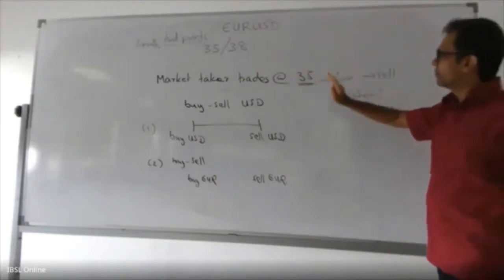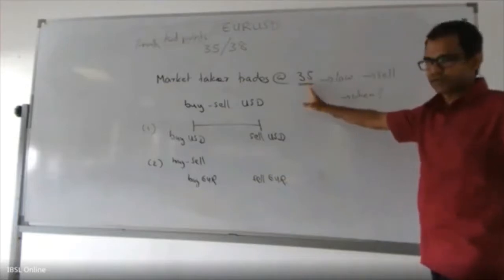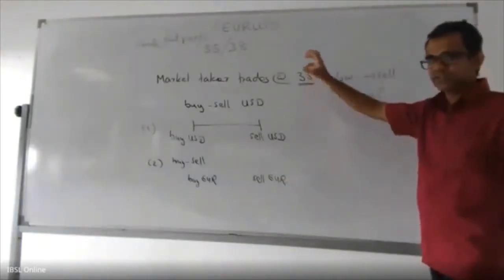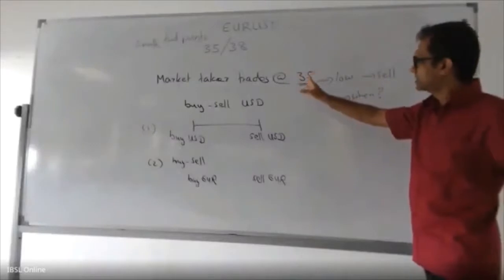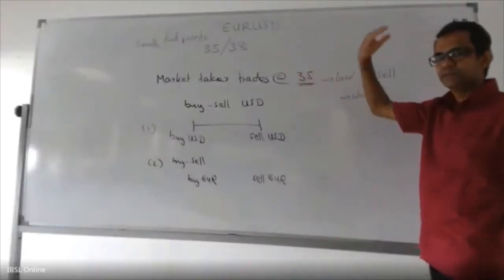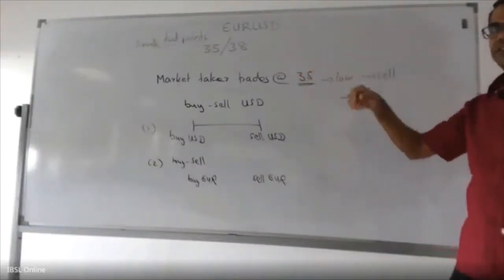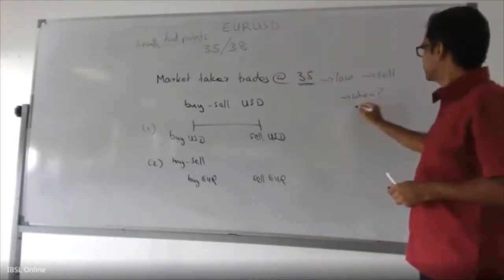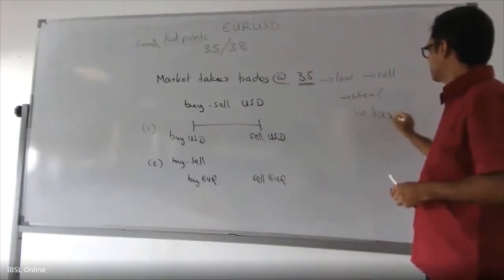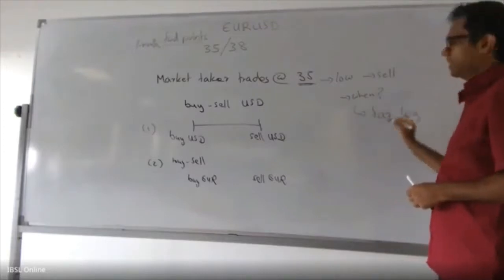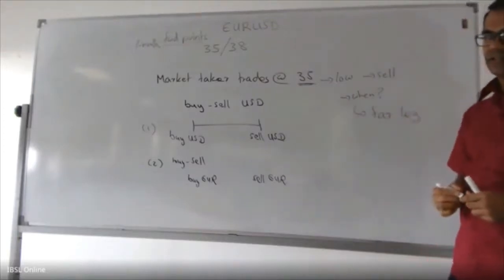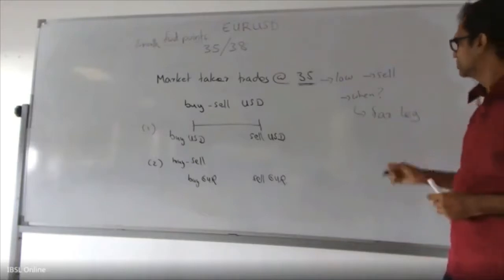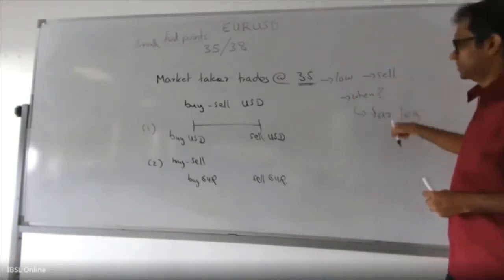So you agree on the forward trade, not the spot trade. Therefore, this is applicable for the far leg, not the near leg. So you sell in the far leg.